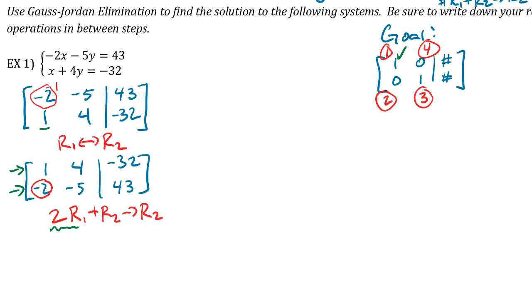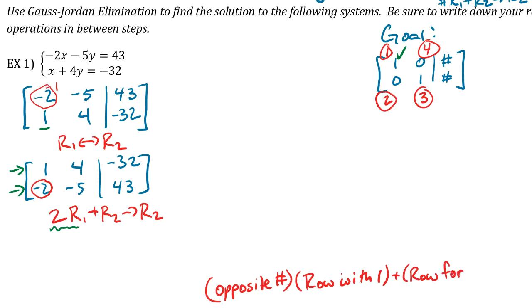Right? In general, to make a 0 like that, what we're trying to do is just the opposite number times your row with your 1 plus row where you want your 0, so row for 0 replaces that same exact thing, the row for 0.